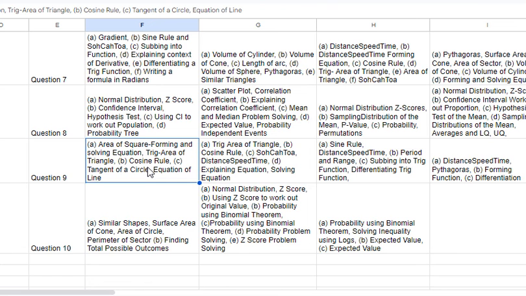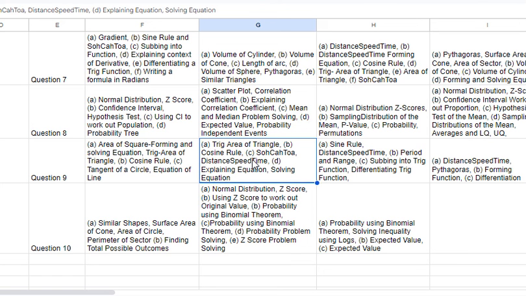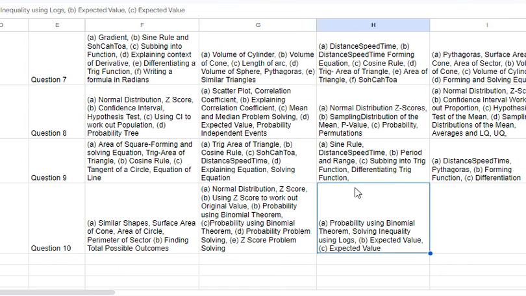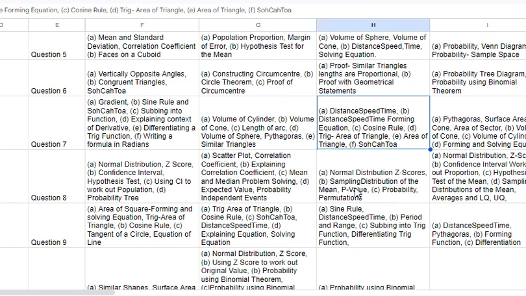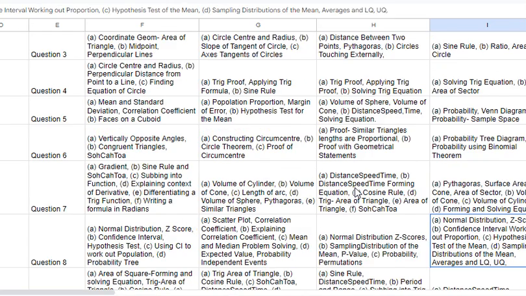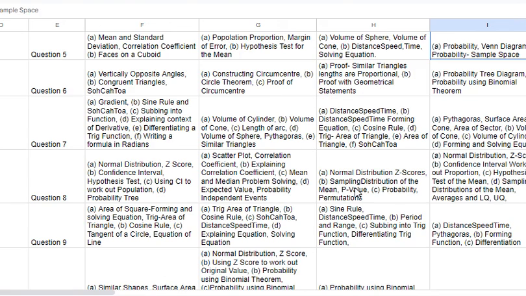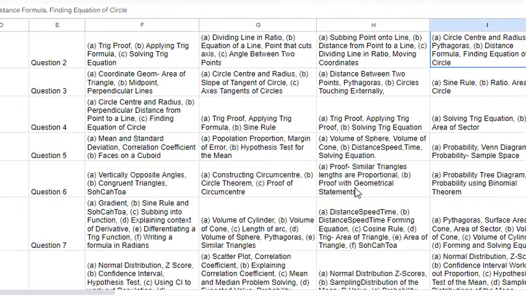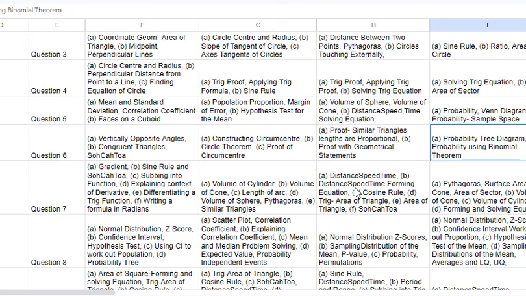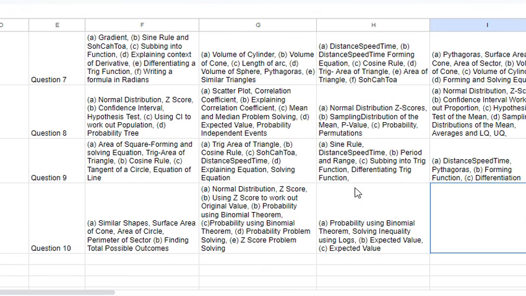So question 9b there in 2023, it comes up, and then it comes up as question 9b as well in 2022, and question 7c in 2021, and then I don't see it there for 2020, but it might have been in there as well. I might have missed it.